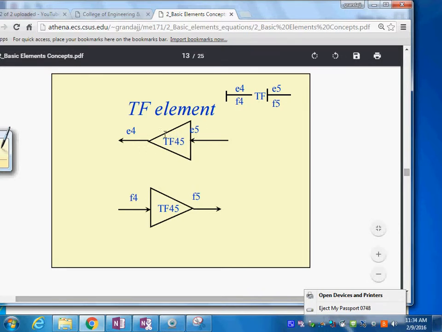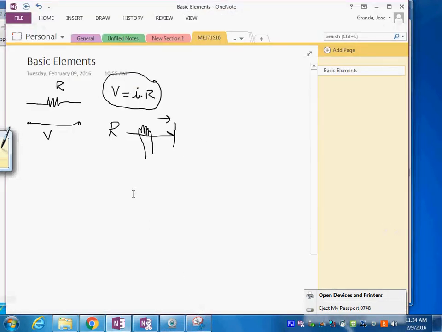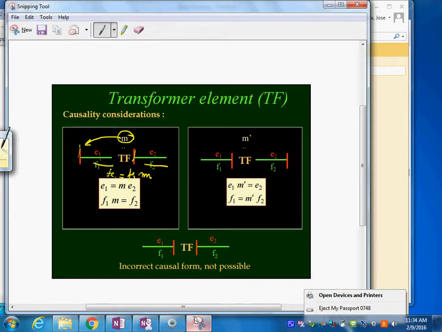In here you have this F4 times this transformer, it gives F5. So you could have TF like this, or you could have TF like this.